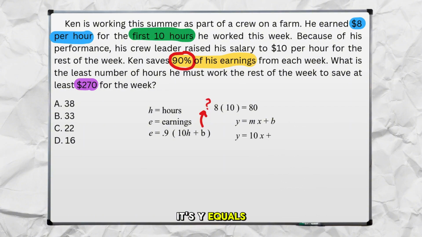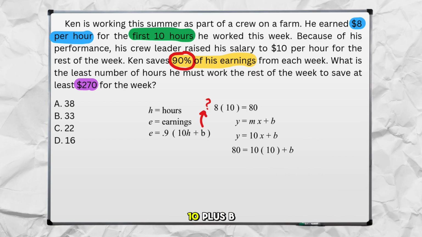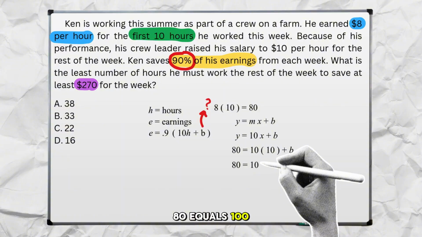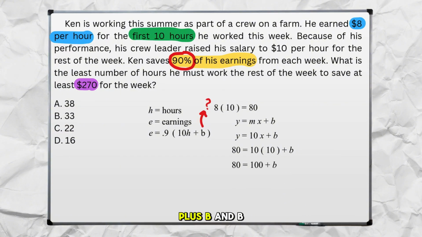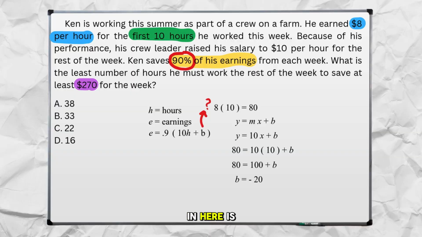So it's y equals 10x plus b. If I were to plug that in, I would know that 80 should equal 10 times 10 plus b. That gives me 80 equals 100 plus b, and b equals negative 20. All right, so this equation is 10h minus 20.